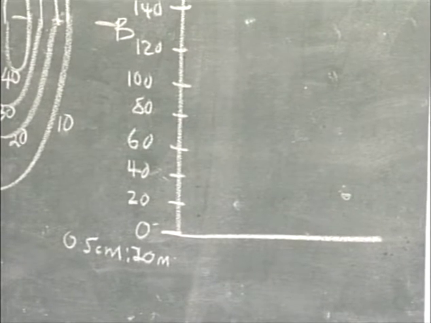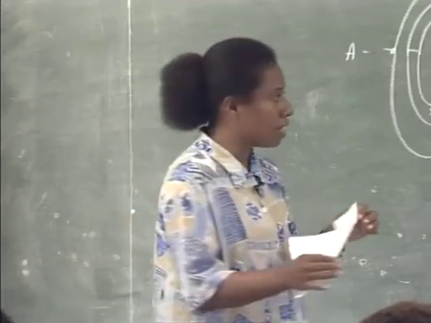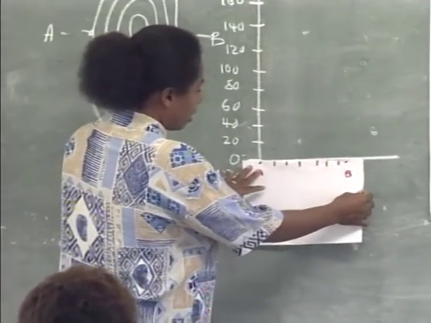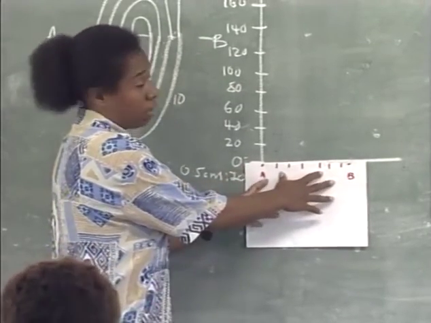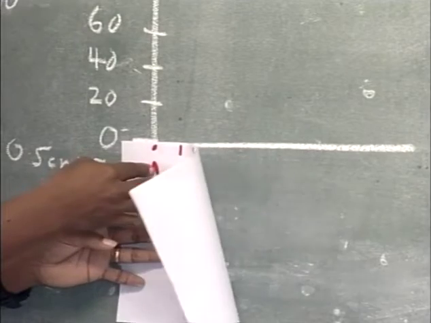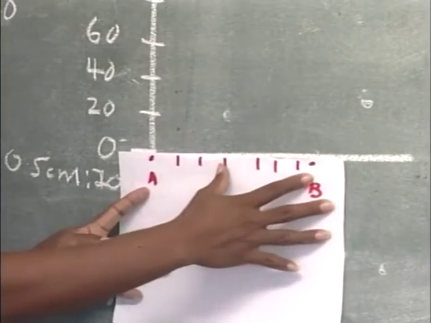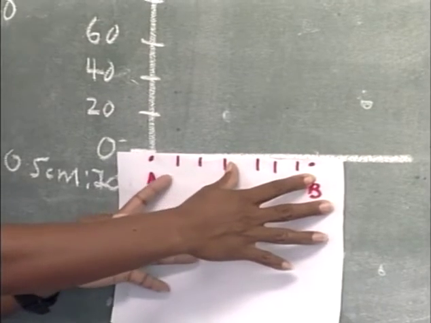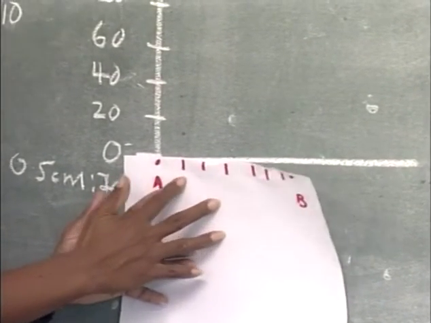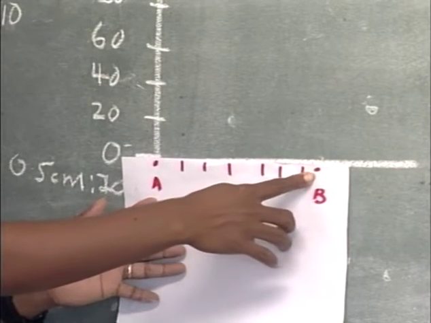Okay, for the horizontal axis this time, I'd like you to pick up your piece of paper, and you put the piece of paper right at where the 0 is where you've constructed the horizontal axis. Put the piece of paper so that the letter A is right along where the vertical axis is, and the length of the horizontal axis must be exactly the length of point A to point B that you have on the piece of paper.